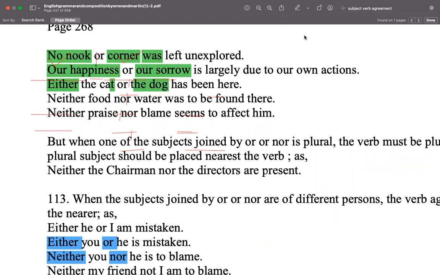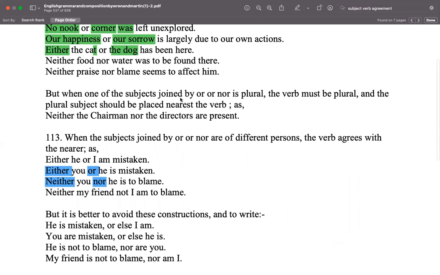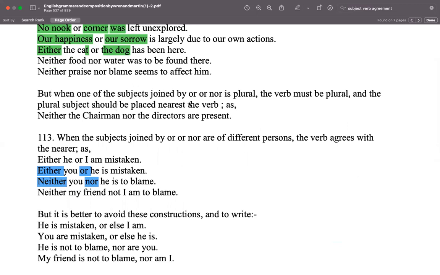So all these clearly highlight that they will carry a singular verb if the subject is singular, in both of the cases. Now, next is indicating, but when one of the subjects joined by or, nor is plural.